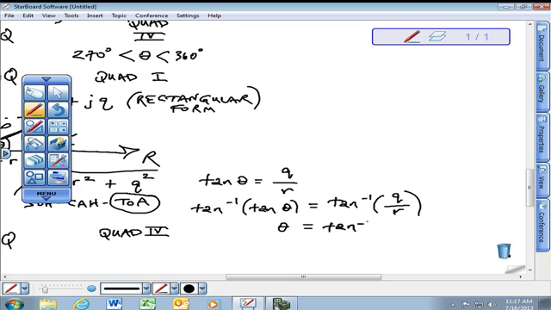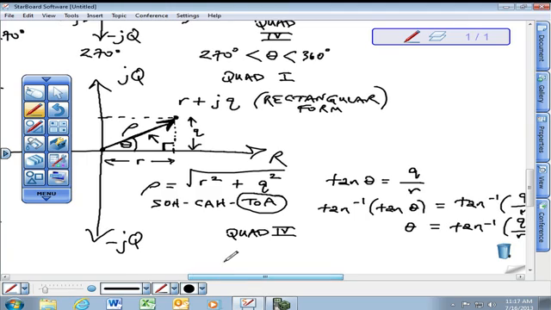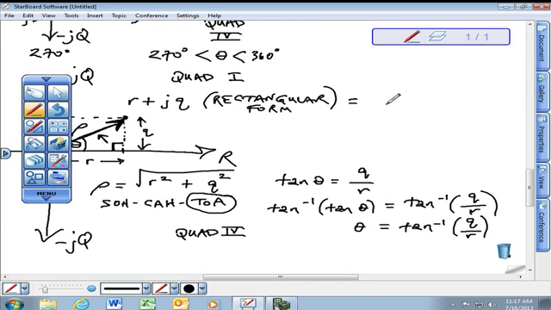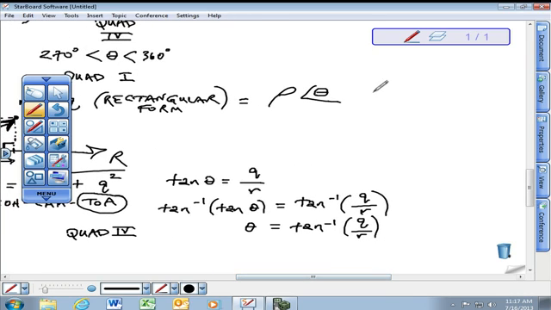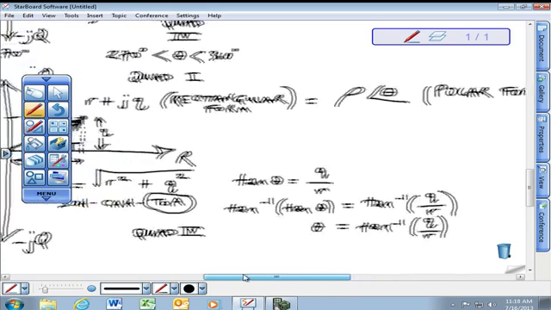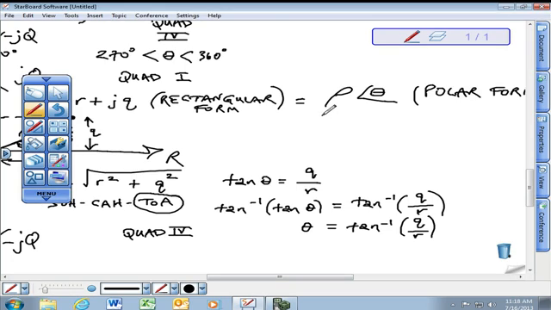So theta is the inverse tan of Q divided by R. Now you are armed and dangerous. In other words, the rectangular form R plus JQ is equivalent to the polar form rho angle theta. So I'm going to put here polar form. And rho, we know, is simply the square root of R squared plus Q squared.